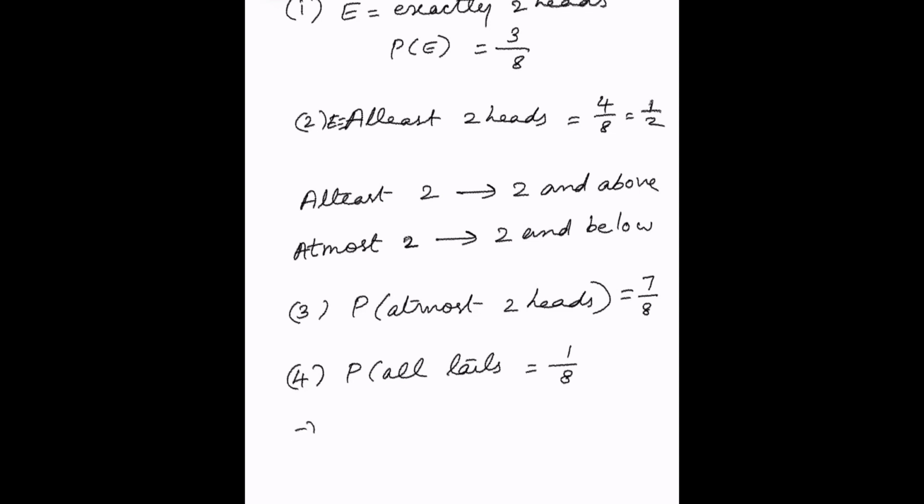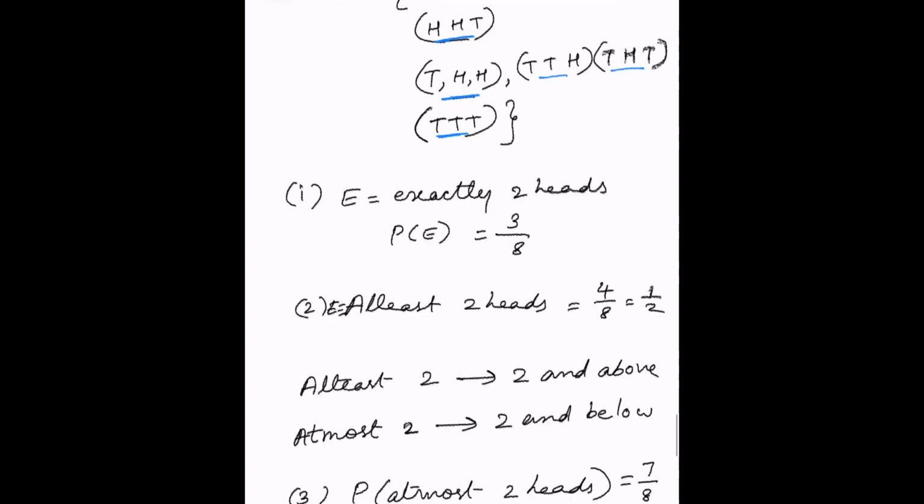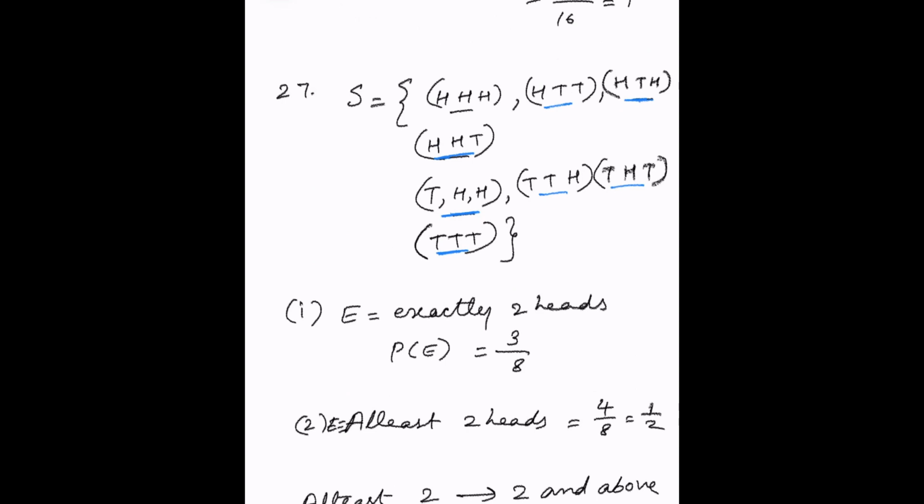Now, the fifth subdivision is probability of at least one tail. What is at least one tail? Look and tell me, how many cases are there?